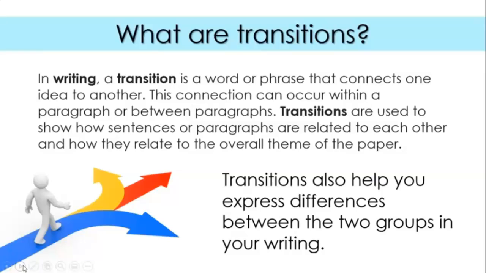So this connection can occur within a paragraph or between paragraphs. Transitions are used to show how sentences or paragraphs are related to each other and how they relate to the overall theme of the paper. But, this is important, transitions also help you express differences between the 2 groups in your writing. Okay, so this kind of ties things together.